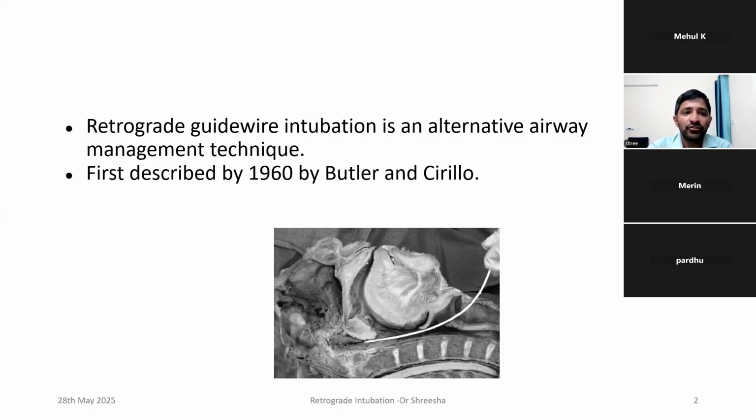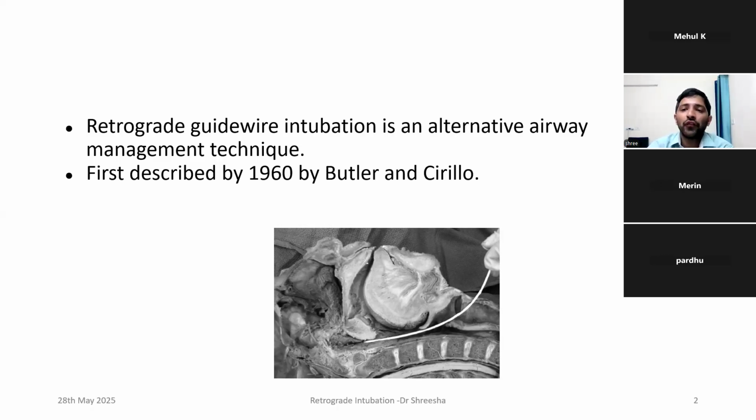The indications: usually we do not use this technique. However, it is considered if there is severe trauma like maxillofacial trauma or suspected cervical spine fractures where we are unable to move the neck, or mouth tumors where we are unable to insert the regular laryngoscope, or restricted mouth opening, or restricted neck mobility such as in arthritis or dystrophies.